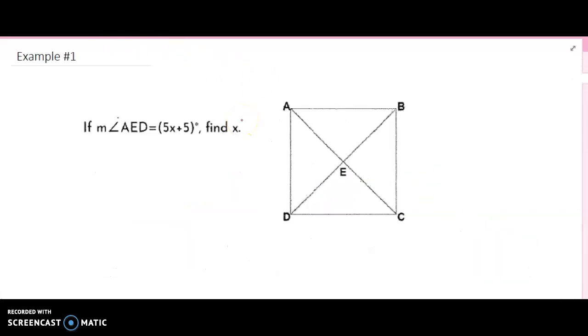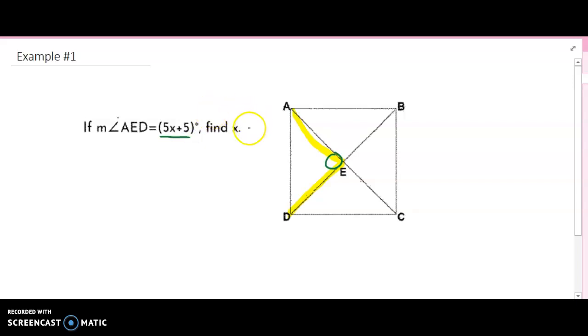All right, so let's look at example 1. We want to find the measure of AED. Okay, so we want to find the measure of this angle right here. All right, and it tells us that it is equal to 5x plus 5, and we want to solve for x.